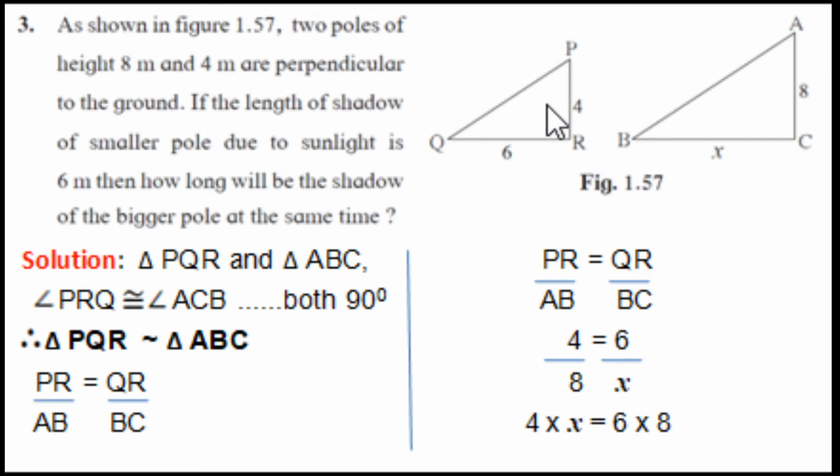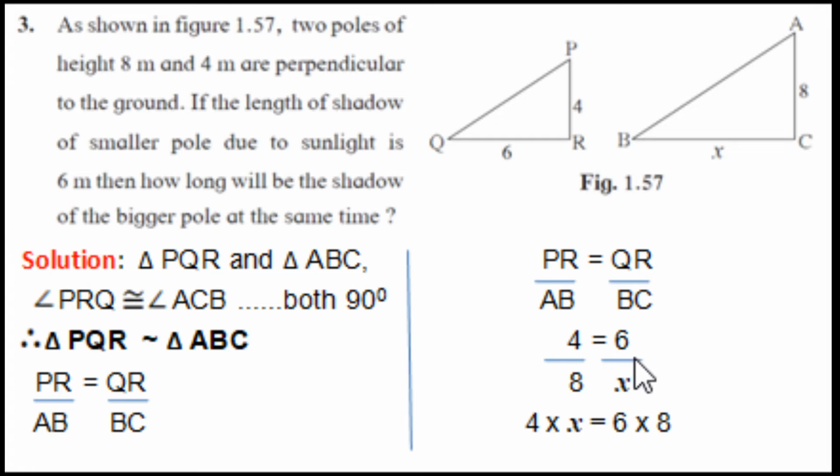Generally two right angle triangles are similar. Therefore PQR is similar to ABC, then PR upon AC, a small mistake earlier, it is AC here, is equal to QR upon BC.